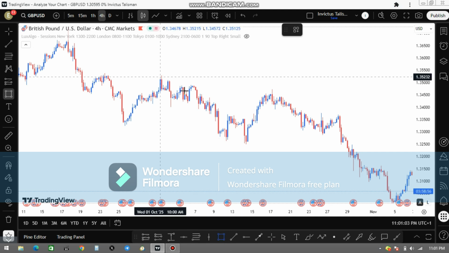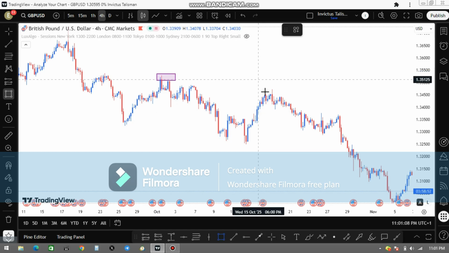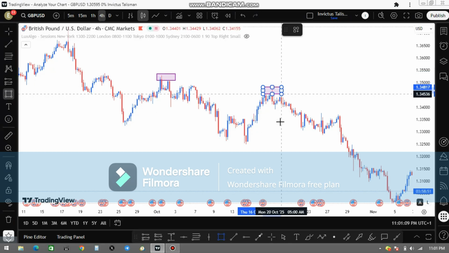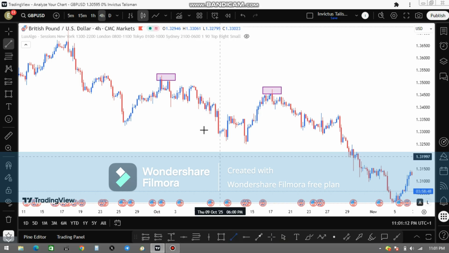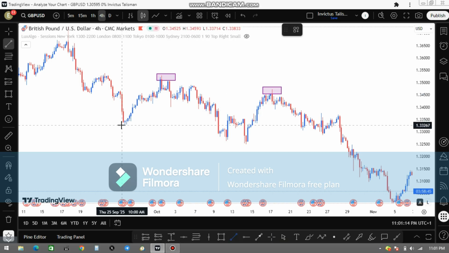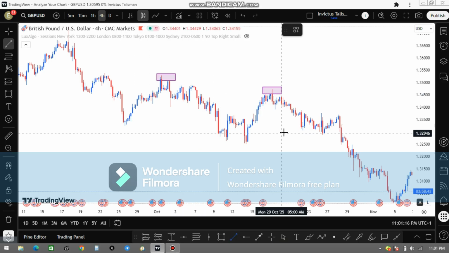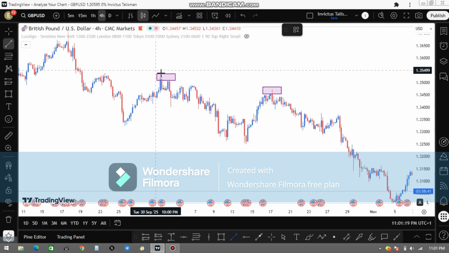So this is a high, and this is also a high. And these highs took out previous lows here, this low and this low. So we connect both of them.